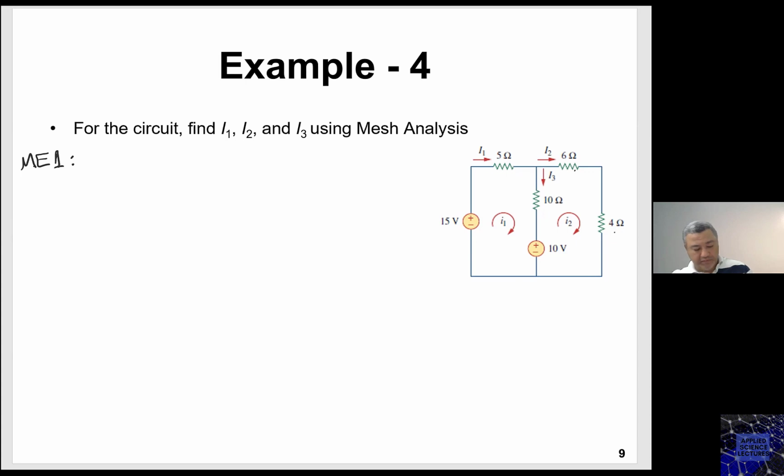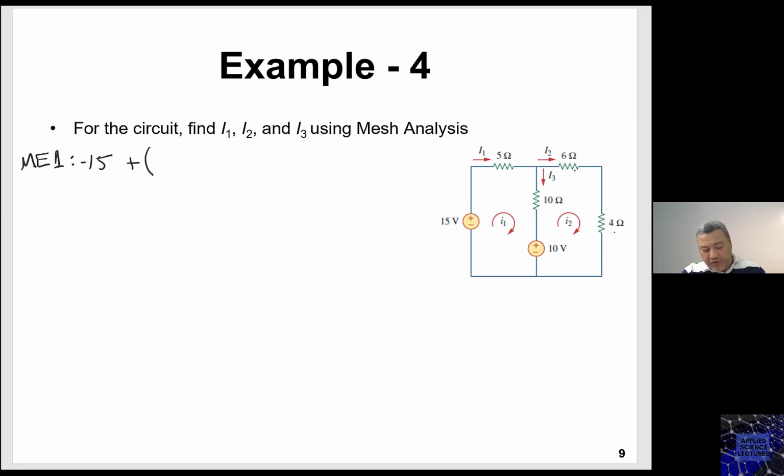Would it be 15V plus I1 times 5 ohms? Just a second. Go ahead. So 15V plus I1 times 5 ohms. Isn't it minus 15, Patrick? Oh, yes, yes, minus the 15, okay. Minus 15, and then plus I1 times 5 ohms.